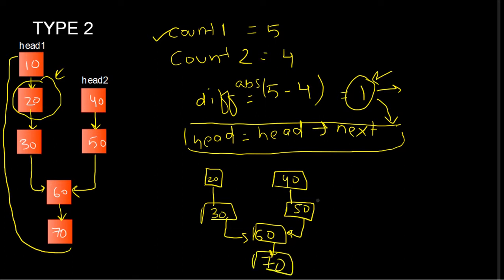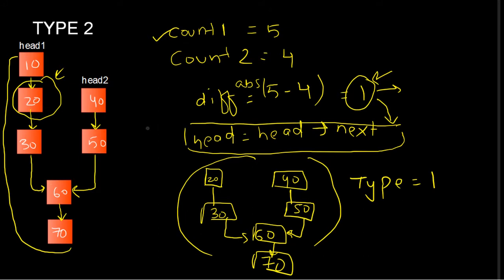As you can see here, now my linked list is of type 1, isn't it? It looks like type 1, and we have already discussed how we can solve the type 1 question. Now we have to do the same thing and we can solve this question as well.